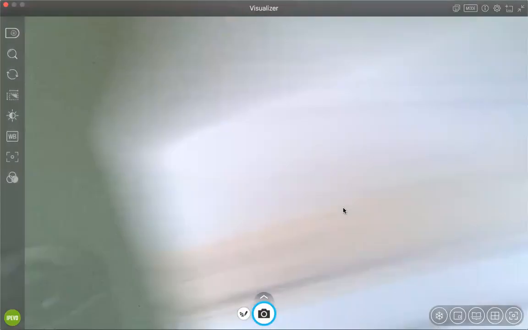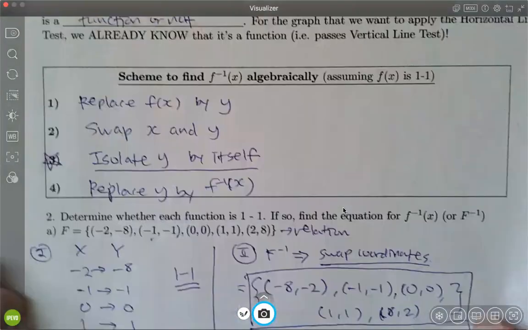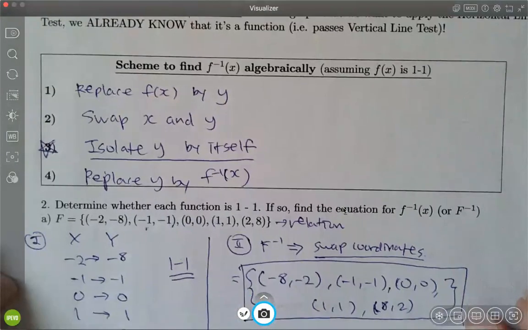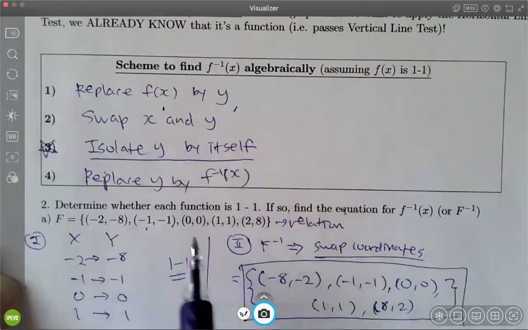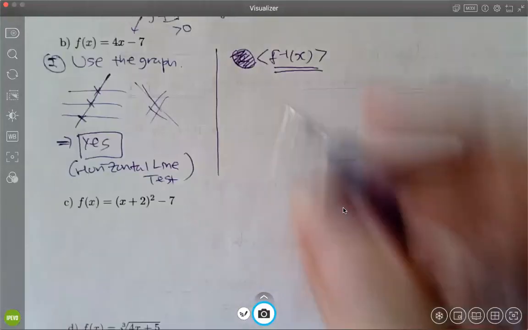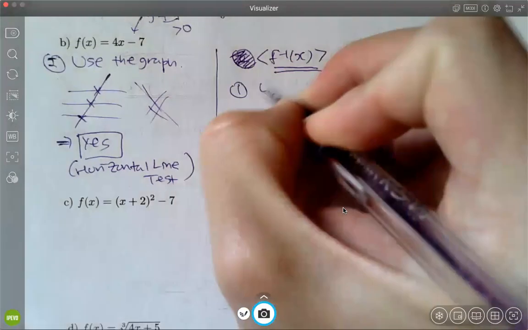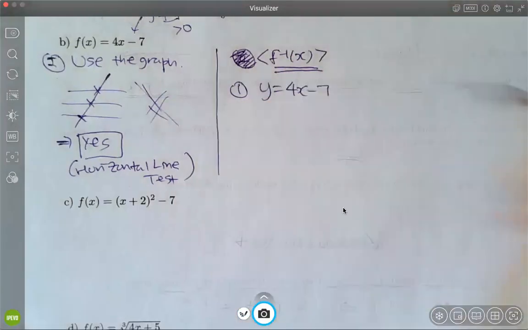Remember, we have to use these steps: replace f of x by y, swap x and y, and so on. So first we have y equals 4x minus 7. Okay, so it's pretty easy. And now step number 2, swap x and y.